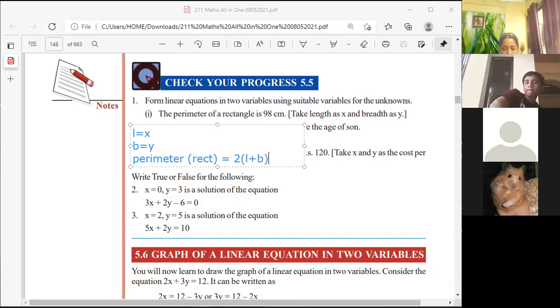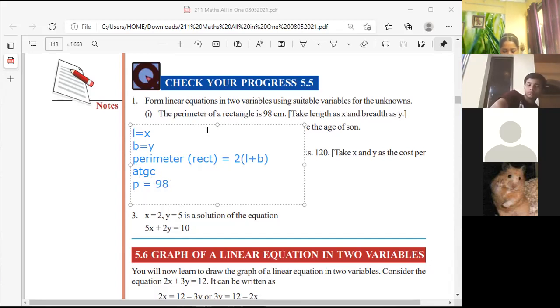Now what have they given me? The perimeter of the rectangle is given as 98. So I will say according to the given condition, perimeter is given as 98. So my equation is going to be 98 is equal to 2 times length plus breadth. So 2 into, what is my length?